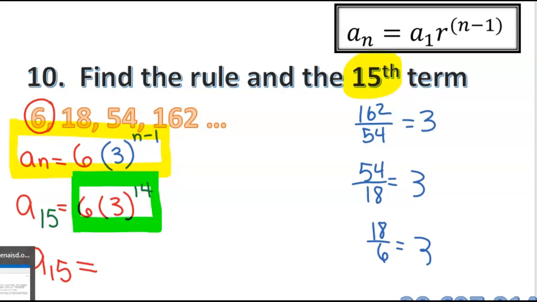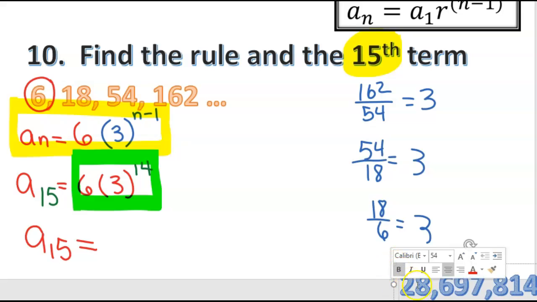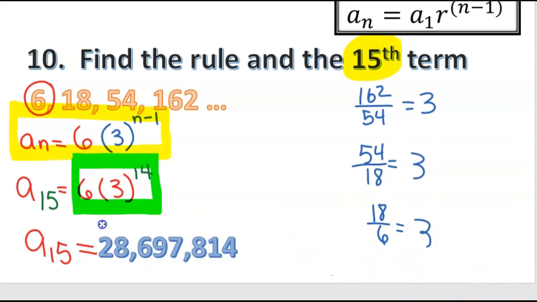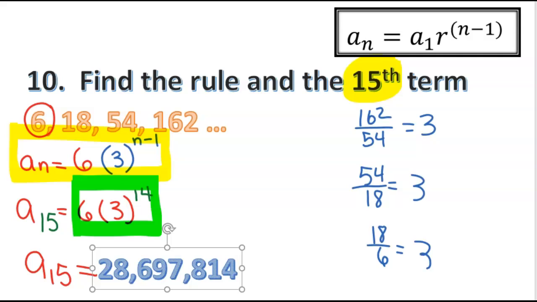Did you do it? It's a really, really big number. Did you get that really, really big number?